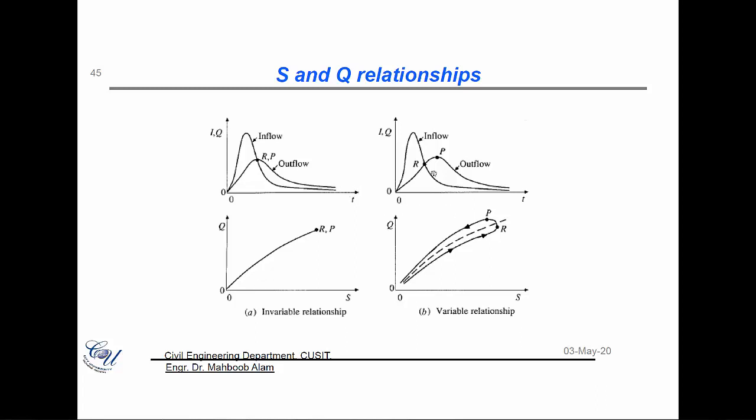On the other hand, we have this variable relationship. Variable relationship is usually associated with a very long reservoir which is narrow and has less depth, and the water surface is not horizontal but kind of inclined, which basically means that at a certain location, if there is a decrease in depth of 1 meter, then the outflow would be maybe 10 cusecs.